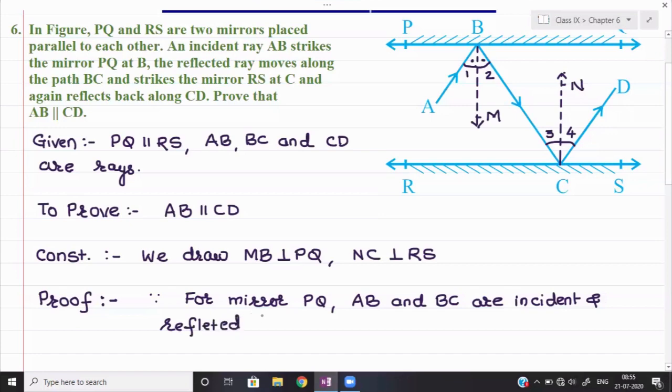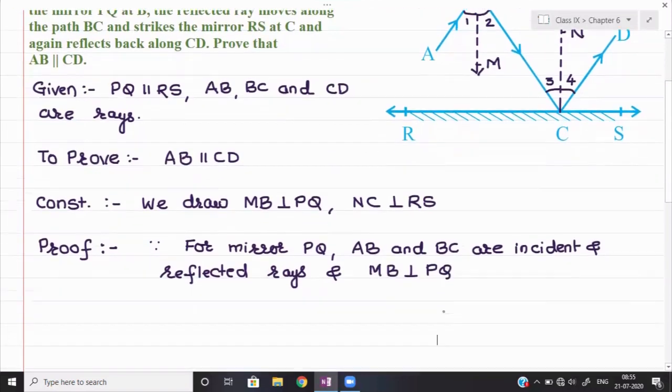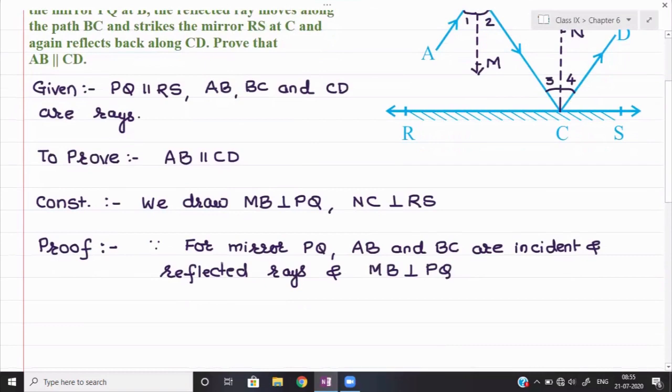Reflected, sorry, the spelling is wrong. Reflected rays, and MB is perpendicular to PQ. So we can say that angle 1 is equal to angle 2.